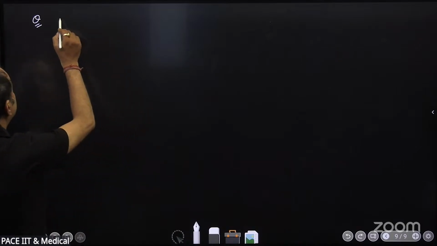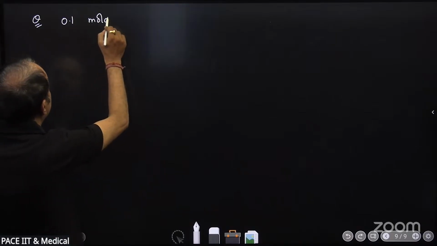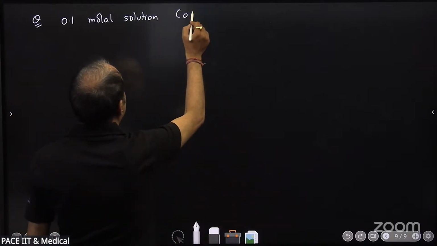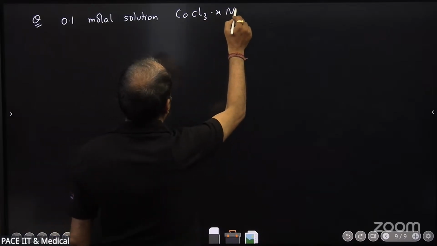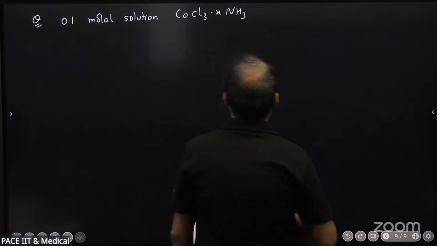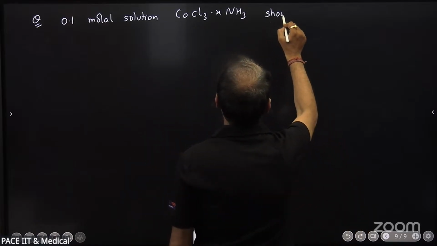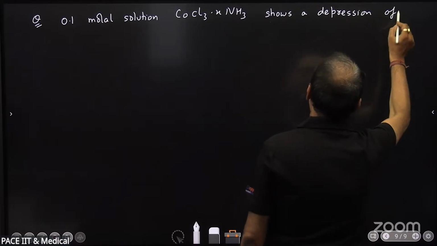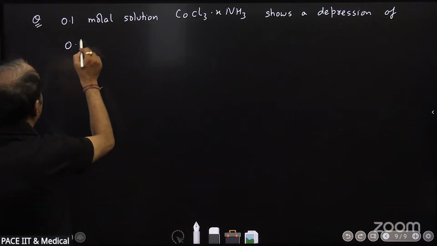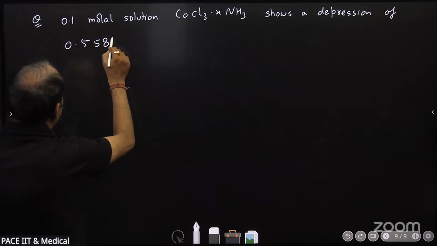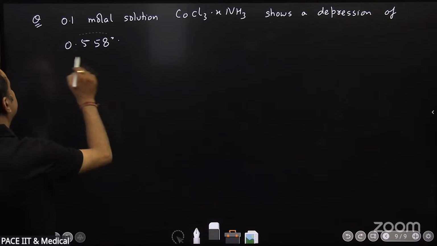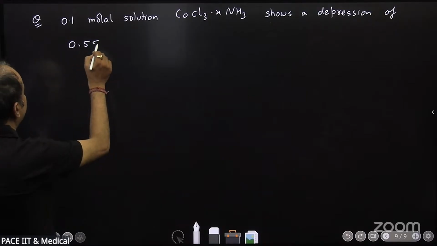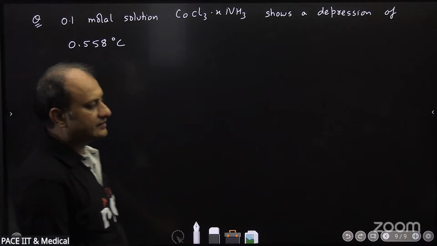Let's say 0.1 molar solution of, let's say, CoCl3·xNH3 shows a depression of 0.558 degrees centigrade. Okay.